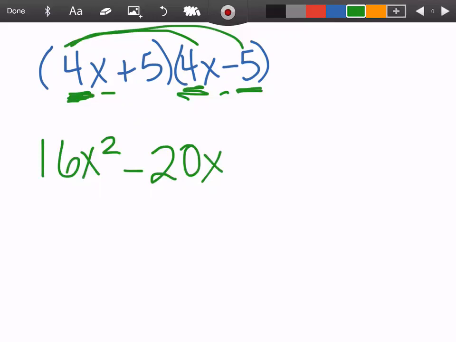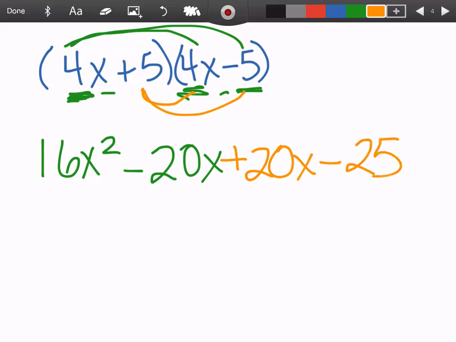Then the inside, we take the 5 and we double distribute it. We take 5 times 4x and we get a positive 20x. And then we also take 5 times negative 5, which is negative 25.